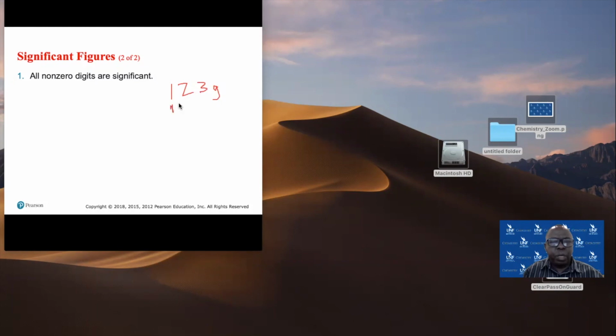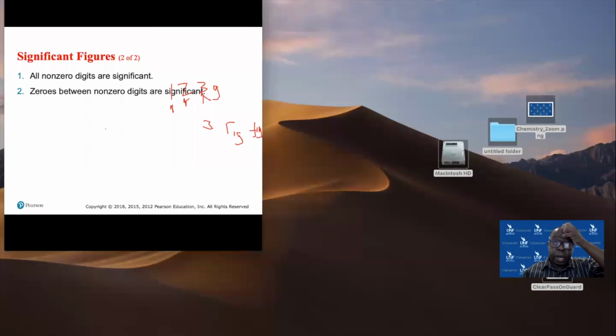This is 1, 2, 3. They are all significant digits. It's hard to write with my mouse. I can say this is 3 significant figures or 3 significant digits. So that's what you need to know with non-zero digits.